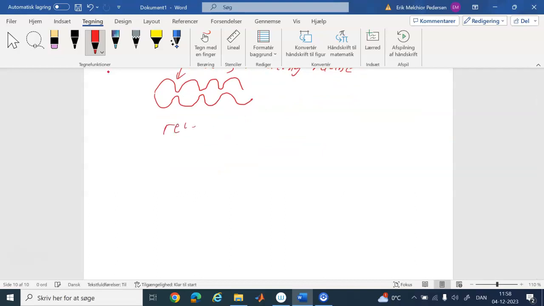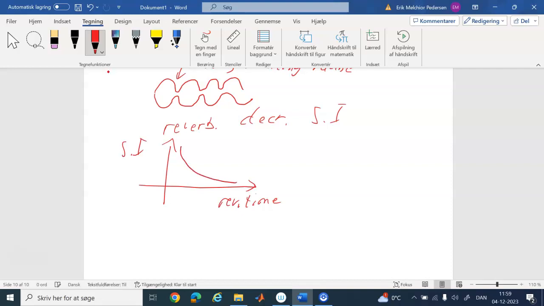Or reverberation decreases speech intelligibility. So you can say you have a curve here with reverberation time and speech intelligibility. So masking also has a thing to say.